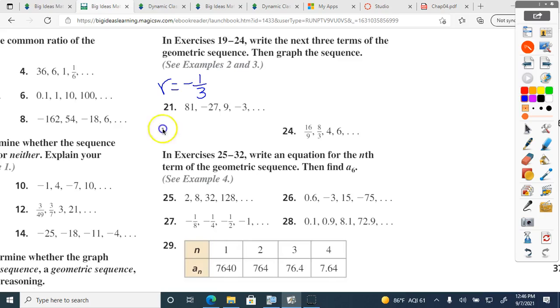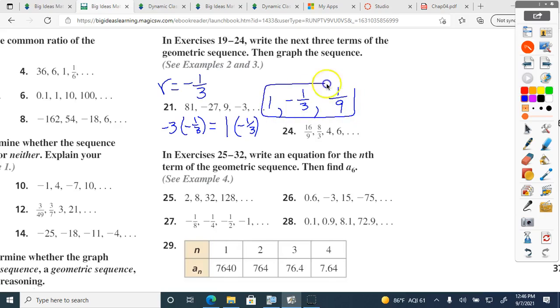It should be -3 times -1/3. That's 1. So that should be my first one. Then we multiply that times -1/3, and we get what? What's 1 times -1/3? -1/3. And then we multiply that times -1/3 again, and we get 1/9. So we started our sequence with the wrong number.